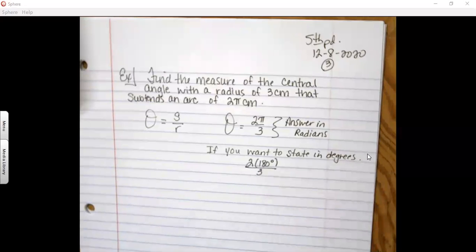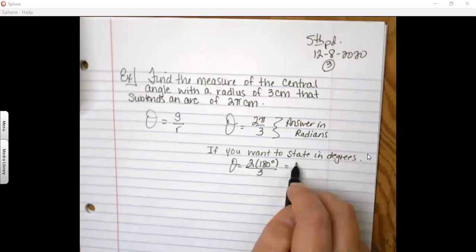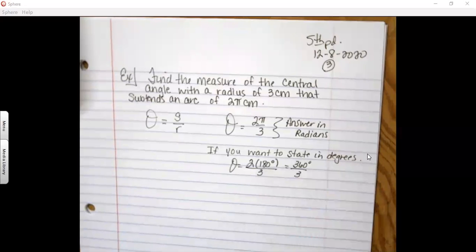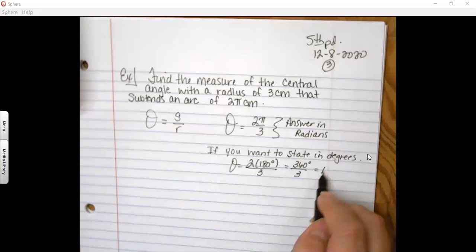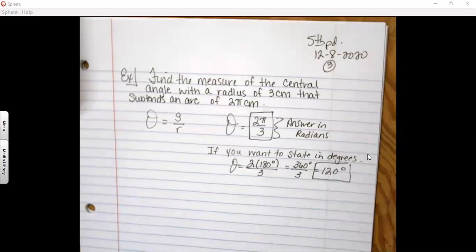So theta equals 2 times 180 equals 360 degrees. Divide that by 3 and you get 120 degrees. So in degrees, it's 120. In radians, it's 2/3 pi. They didn't tell us what way to leave it, so we just left it both ways. Y'all cool with that?